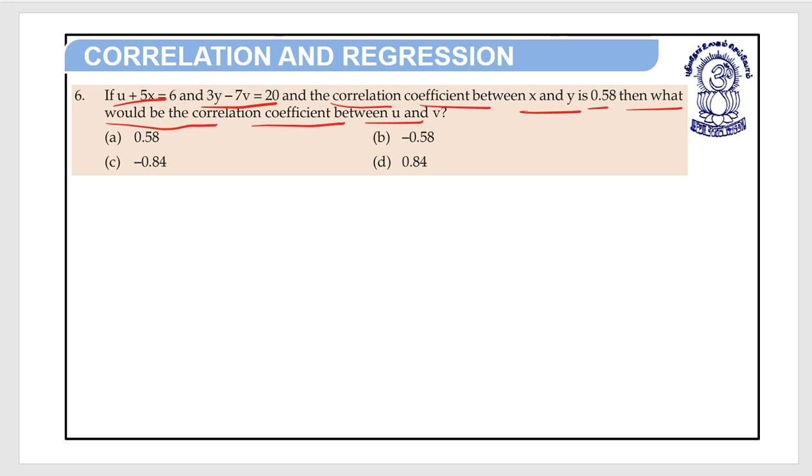So first write down the two equations. u plus 5x is equal to 6. 3y minus 7v is equal to 20.